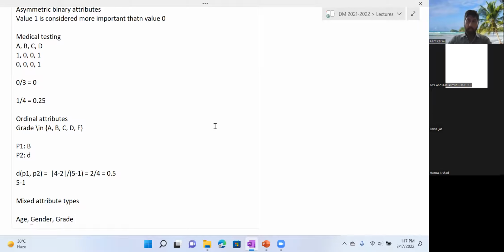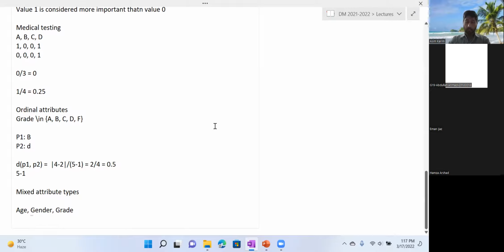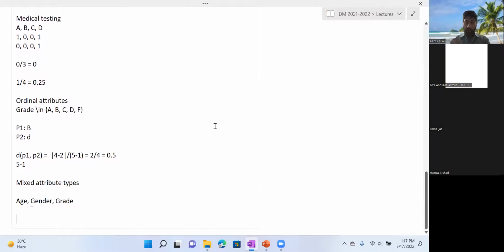So for mixed attribute types, again, there might be multiple measures. One simple way is to combine them using a weighted average approach: take the dissimilarity attribute-wise, and then take the weighted average. So for example, if it was numeric, let's say age, and one age was 50 and the other age was 30, we will simply have 50 minus 30, divided by, of course, the maximum difference that is possible in the data.